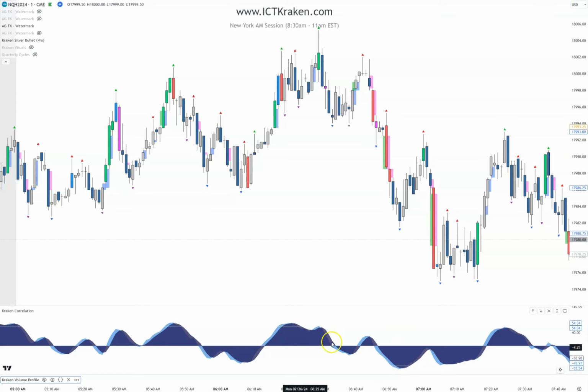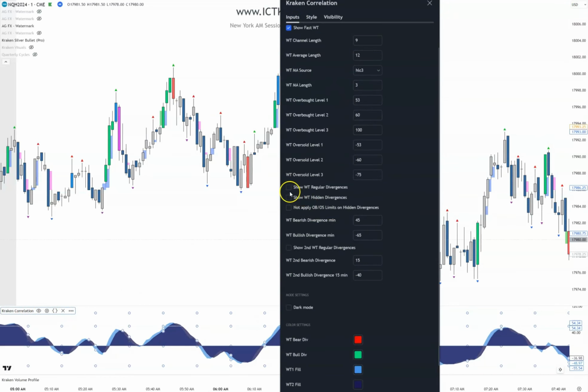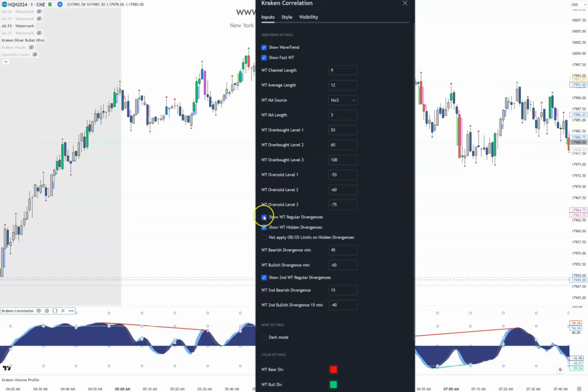So that's how I'm using this, and you can turn this on and you have all the options here. You can show divergences, and you can have it in dark mode, and you can watch the video that I explain all this in at ictkraken.com, where I'll explain why I'm looking for things here and how it works, right? But that is how I've been using it. So there's two of the indicators.